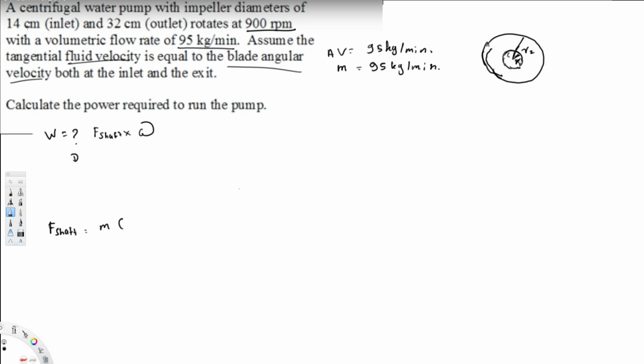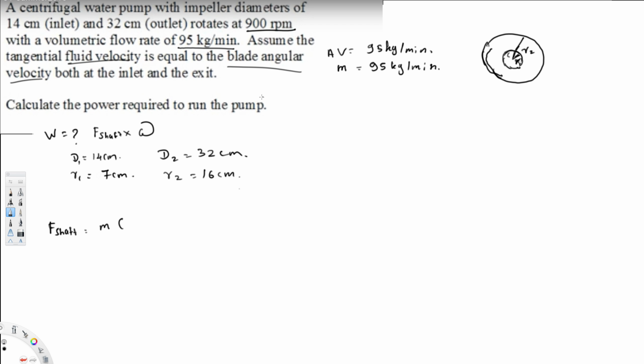First of all, the diameter of the inlet is 14 centimeter, so R1 is going to be 7 centimeter. Then D2 is going to be equal to 32 centimeter, and therefore R2 is going to be equal to 16 centimeter, right?